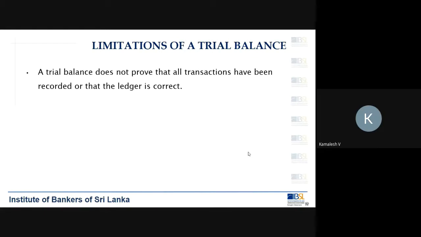A trial balance does not prove that all transactions have been recorded or that the ledger is correct. That you need to understand. Just because your trial balance is equal, it doesn't mean that you have captured all the transactions, right? I'm just giving you a practical example.